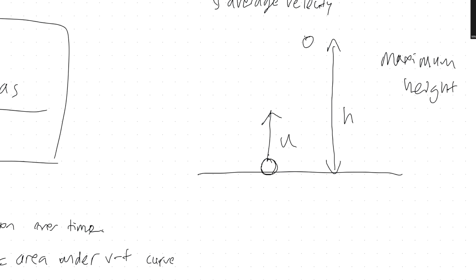Of course you know that, because we're on Earth, your ball is experiencing an acceleration downwards. This is our gravitational acceleration g, your gravitational acceleration downwards.